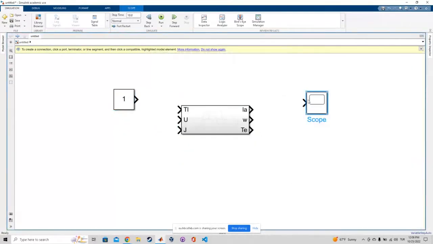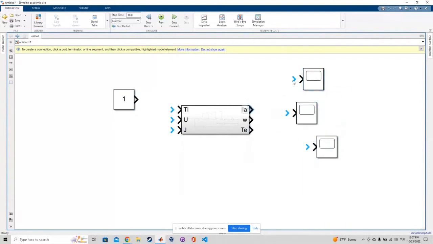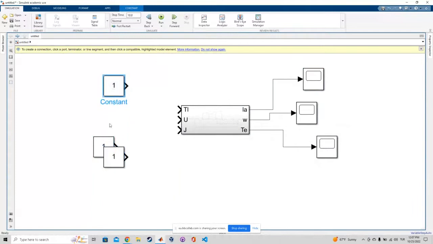We just choose a constant, and a scope for obtaining the outputs, all right? And we get the outputs. We need 3 outputs. You connect your output to your scope, and you can just copy the constant. We need 3 inputs, so you can just connect them.